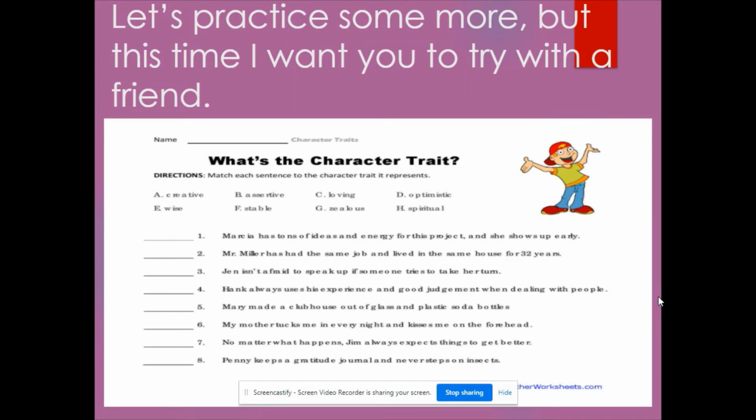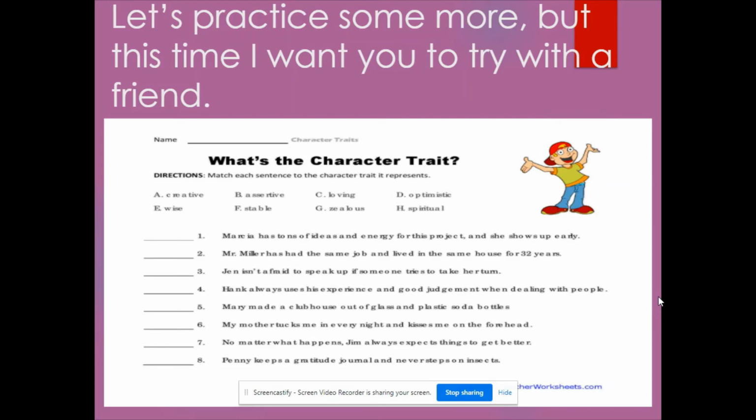So I'm going to look at all of my words and, she might be creative, but I'm not sure. Assertive, loving, optimistic. She might be a little positive, but maybe not that one. And wise, stable, zealous, spiritual.